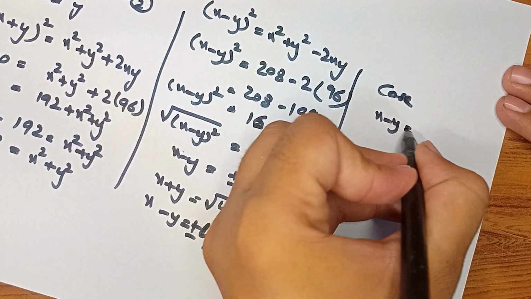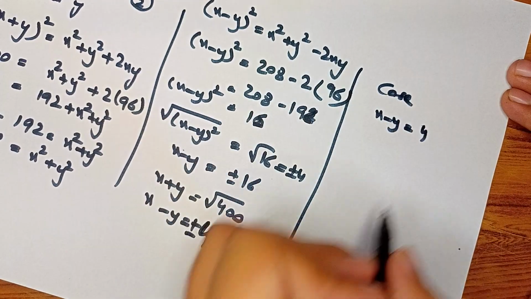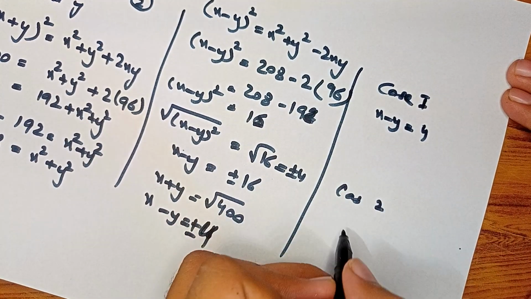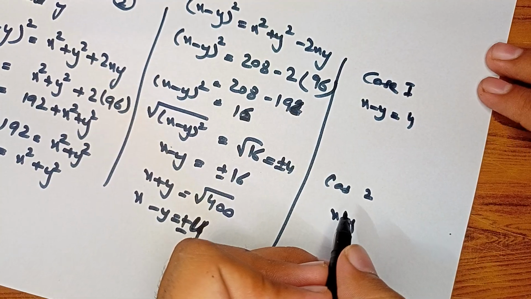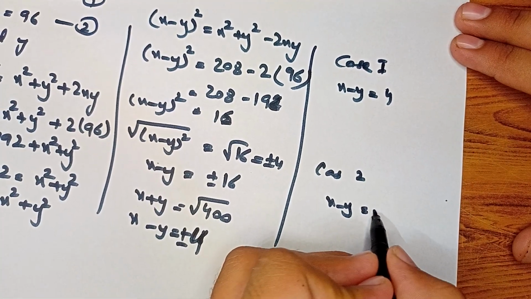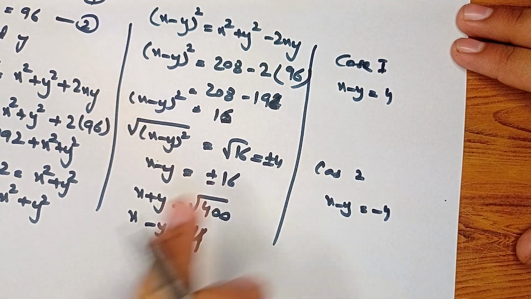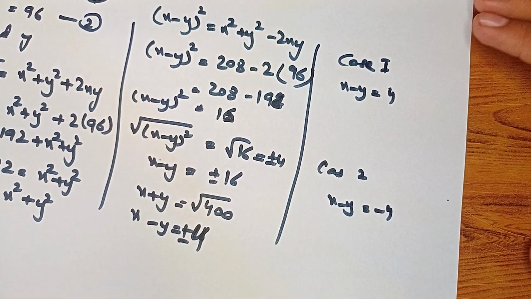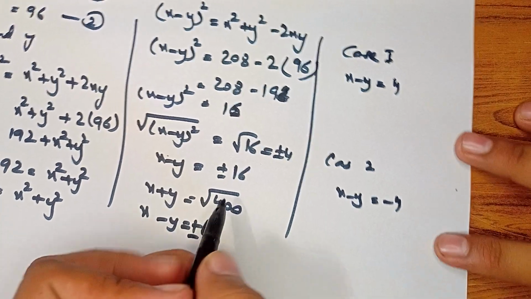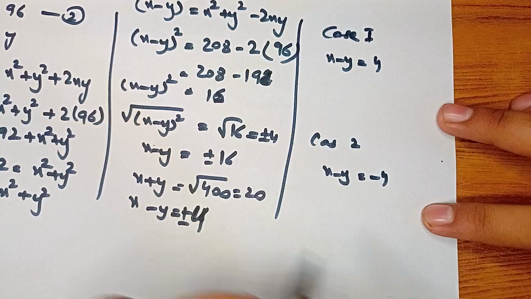x − y equal to positive 4, case 1, and in case 2 it should be x − y equal to minus 4. We have to add both sides. √400 is equal to 20.